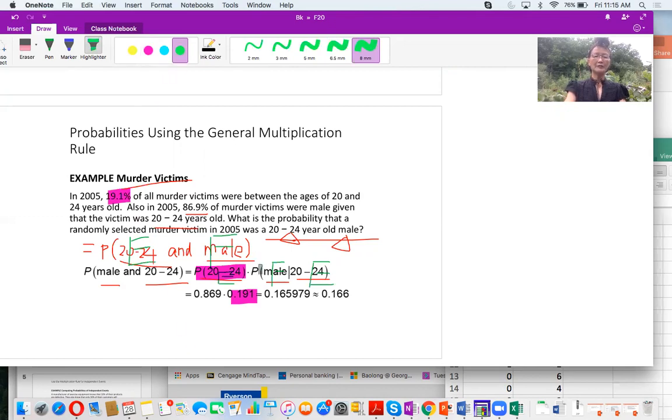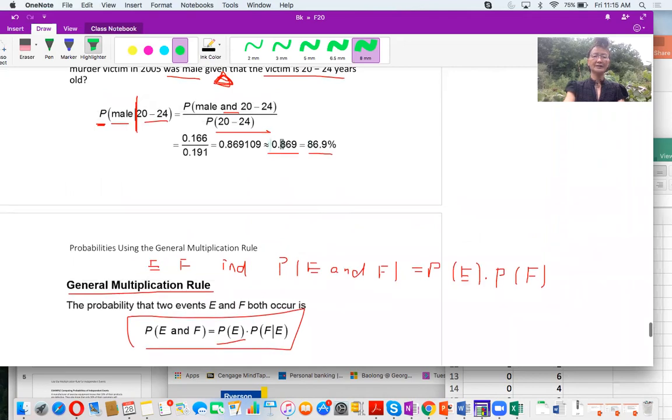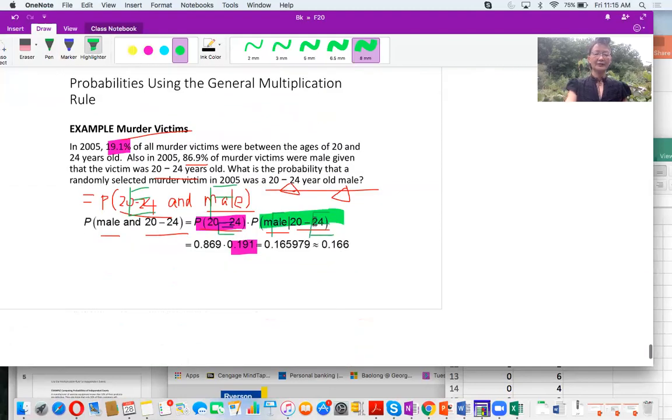And the probability of male under the condition 20 to 24 years old is the result we calculated in the previous example, 0.869. So multiply those two together, and you get 16.6%. Okay. So this is the general multiplication rule.